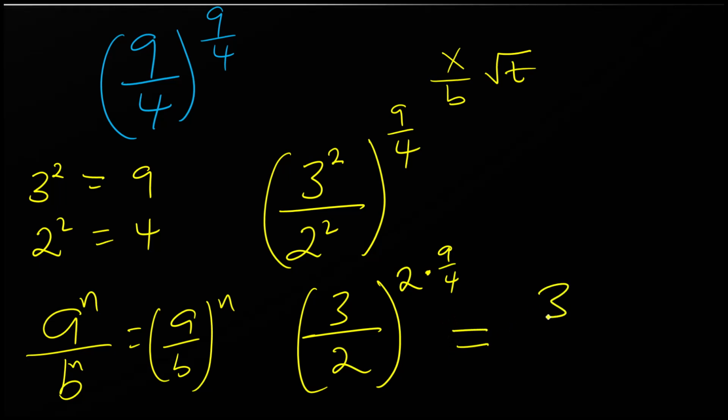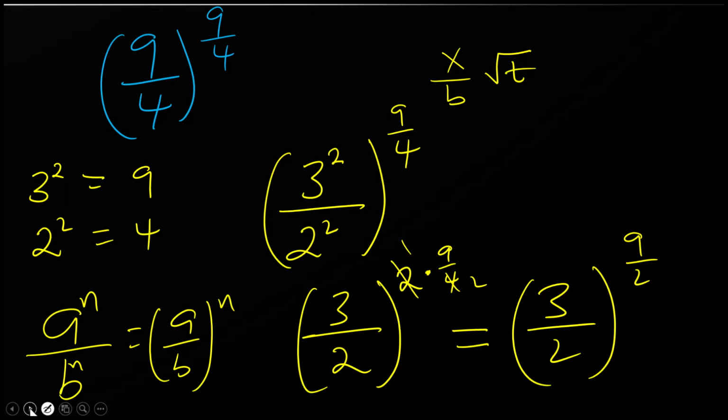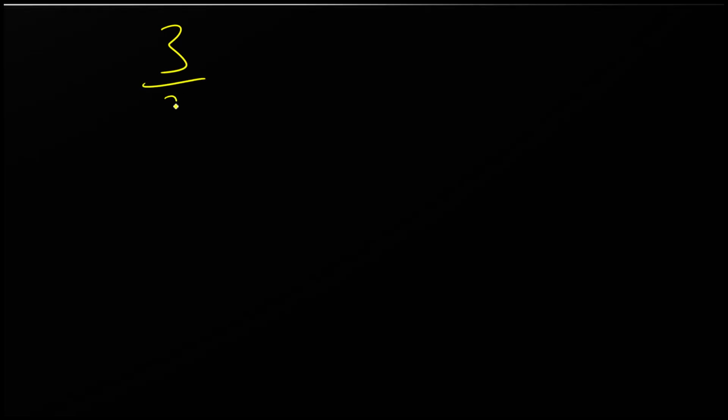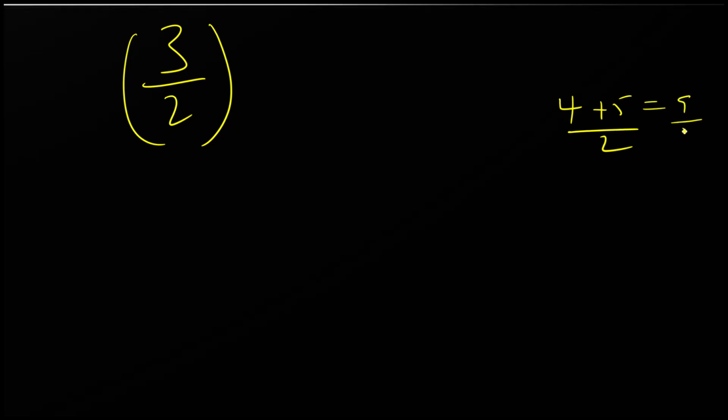So we have 3/2, and this side will be 2 times 9/4, which is 9/2. So 9/2, 4 plus 5 is 9, over 2. You can write this one as that. Alright, so I will say (4 plus 5)/2 here.